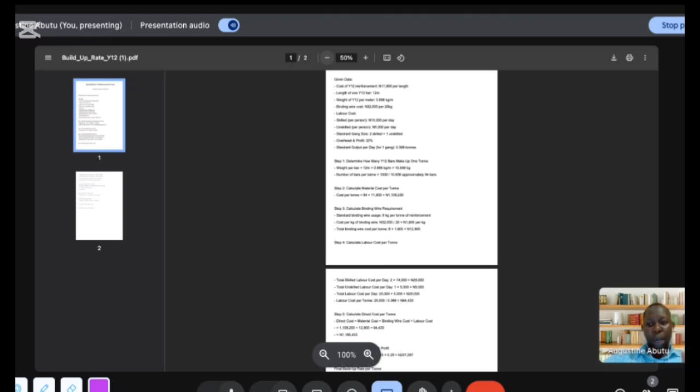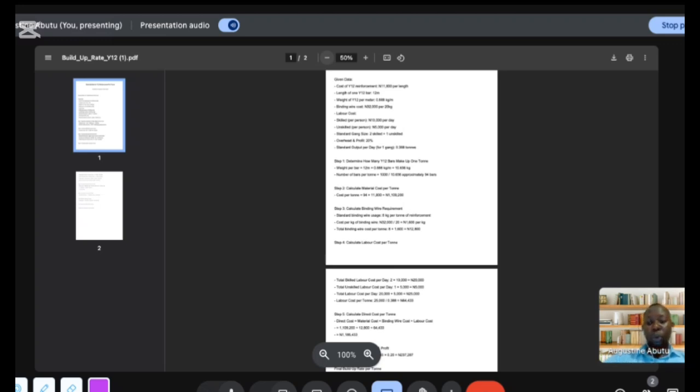We just concluded the cost of reinforcement in a ton, which is 1,109,200. So binding wire is also required, and I said earlier that a cost of 20 kg of binding wire is 32,000, right? It is required according to experience that 8 kg of binding wire is needed for 1 ton.